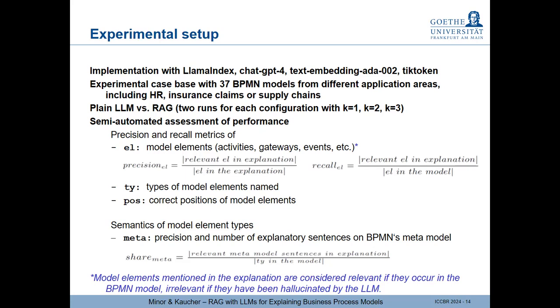And we also counted the semantics of the model element types. That means how many explanatory sentences on BPMN's meta model occurred in the explanatory text. This is not really a measure, since the number of explanatory sentences can be larger than 1.